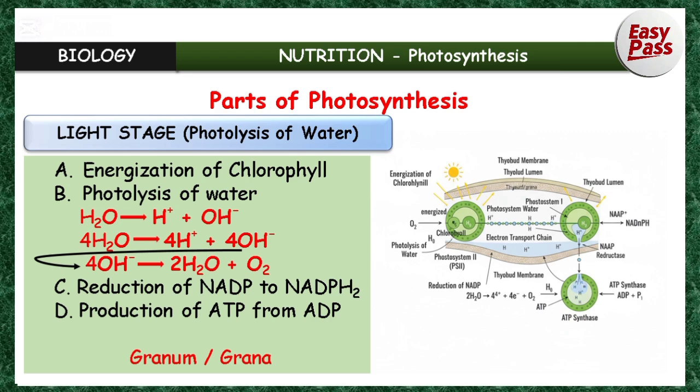nicotinamide adenine dinucleotide phosphate. Now the H2 that is attached to it is only making it become a reduced form of NADP. So what I am having as H at the back, it becomes reduced nicotinamide adenine dinucleotide phosphate.